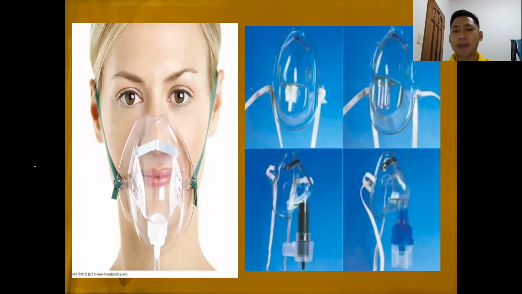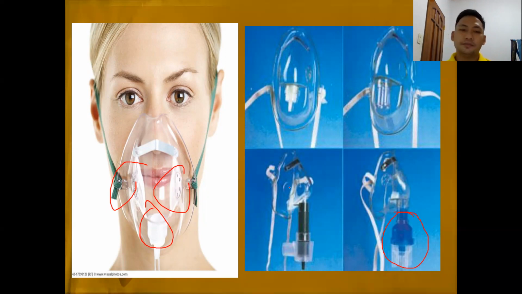Next is the face mask. So this is a simple face mask. As you can see, there are no flaps and no valve here within the oxygen. And this can be a nebulization set that is attached to the face mask.